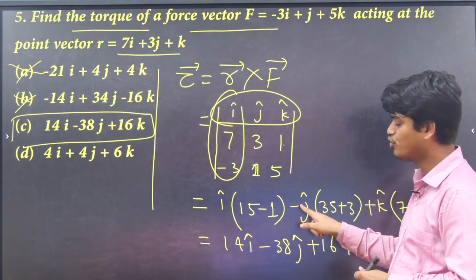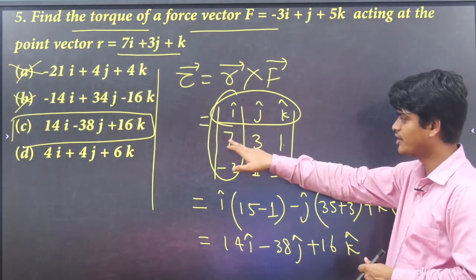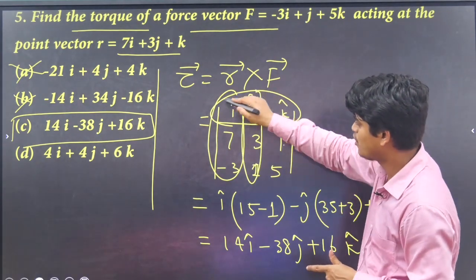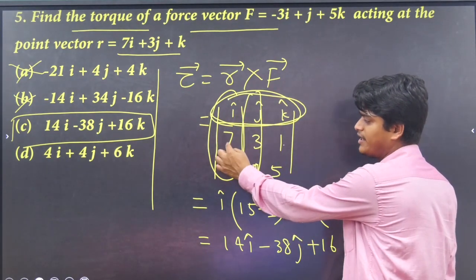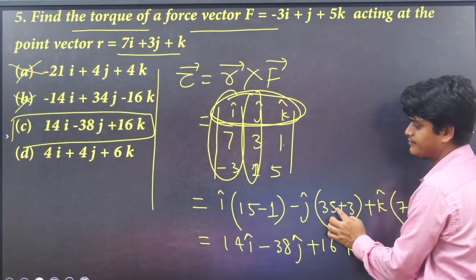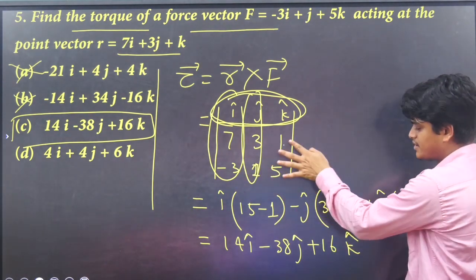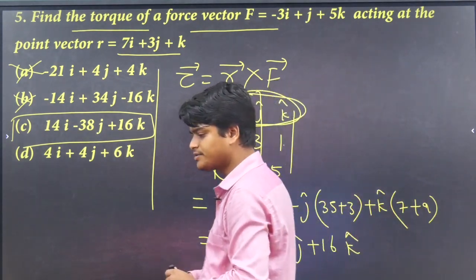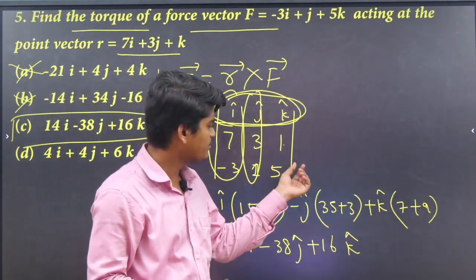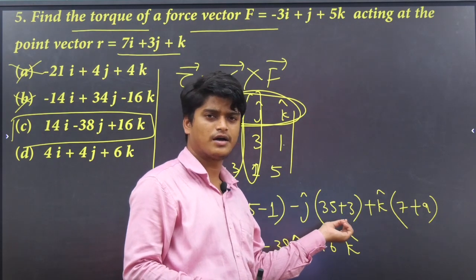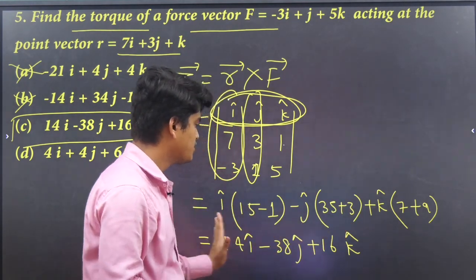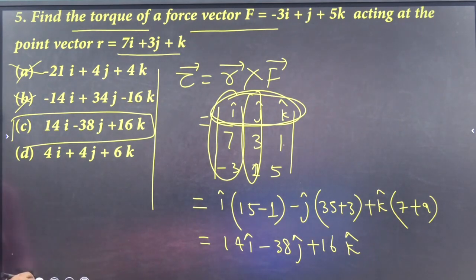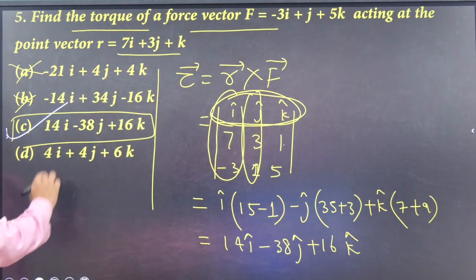Similarly for J, put minus, then multiply the remaining numbers, only 7 and 5 will remain, that is 35. Then minus of minus 3 into 1, which is plus 3. So in this way you can calculate. So your answer is coming as option C.